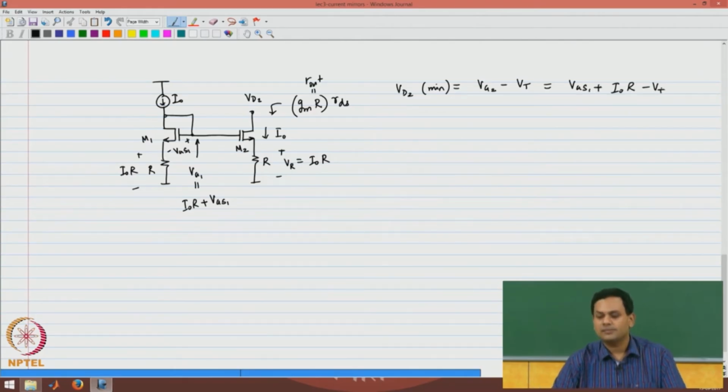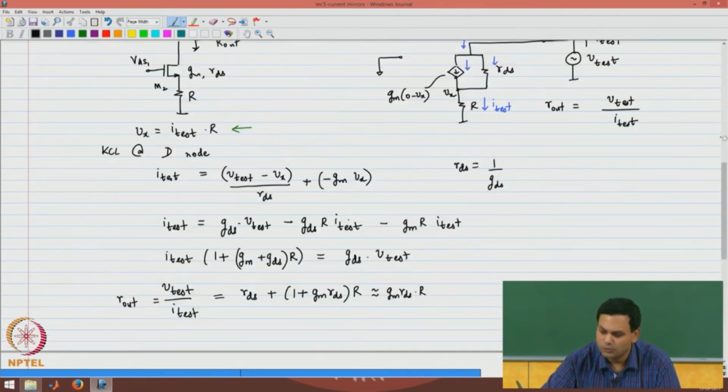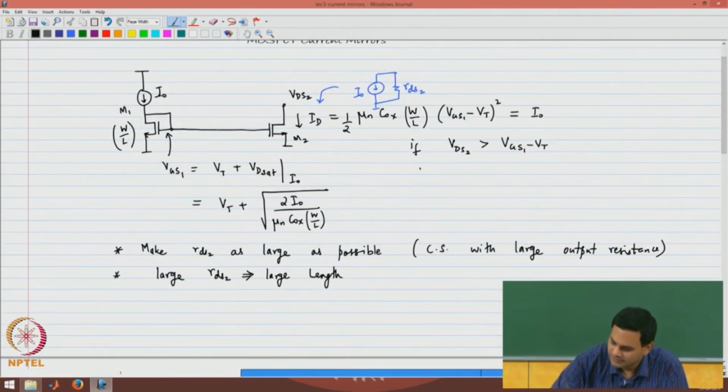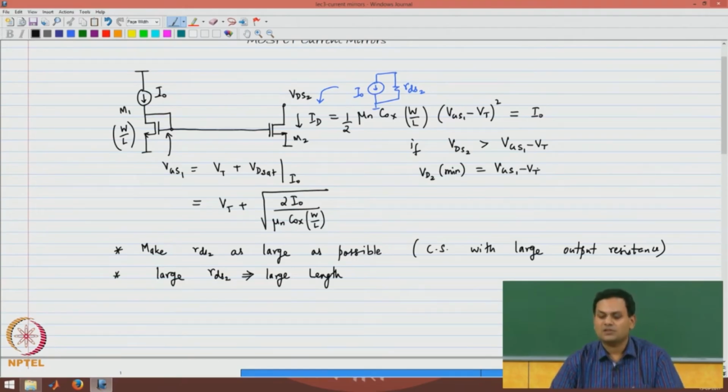In other words, this is the minimum value of VD2. What was the earlier minimum value of VD2? In the earlier circuit, the minimum value was VGS1 minus VT. Now, you have an extra term I naught R.